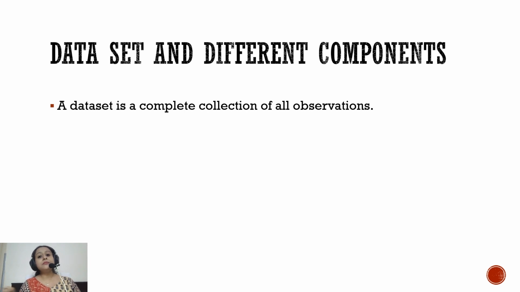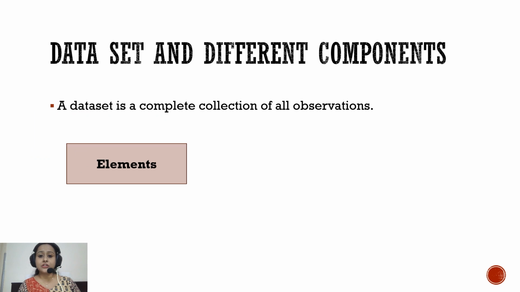So if we collect data on several subjects and several variables, then it will generate a complete dataset. So it is a complete collection of different observations, not a single observation.